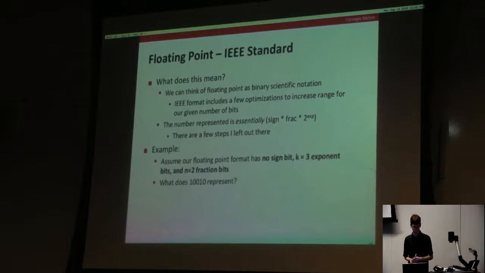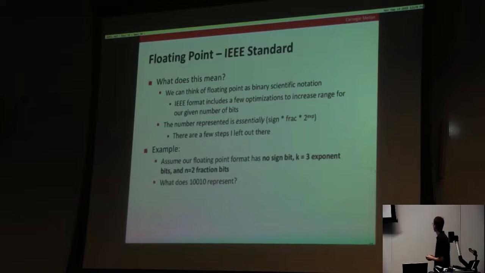There are a couple other things in it. Here's an example: 3 exponent bits, 2 fraction bits, 1, 0, 0, 1, 0. We'll get to it shortly, but first we should talk about the 2 different types of floating point numbers: normalized numbers and denormalized numbers.